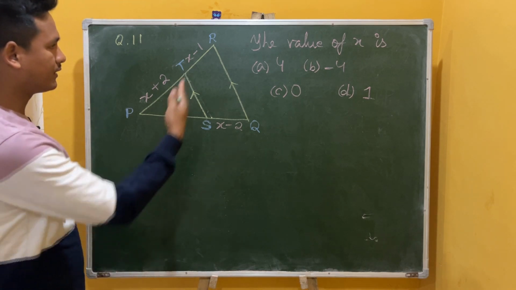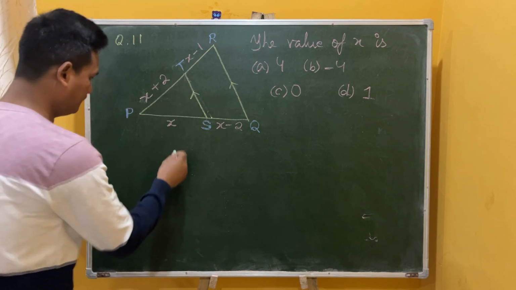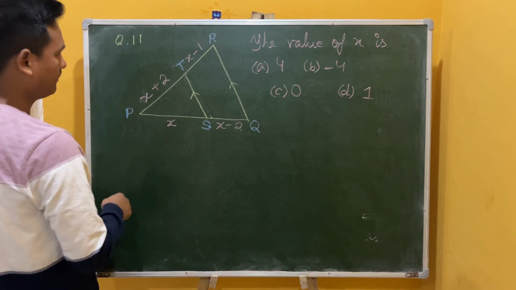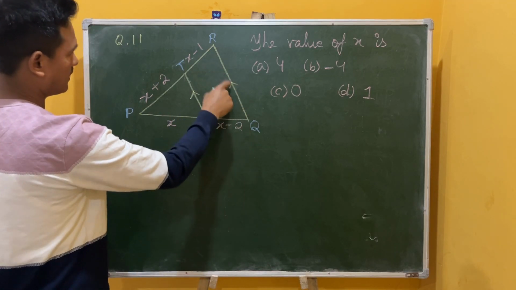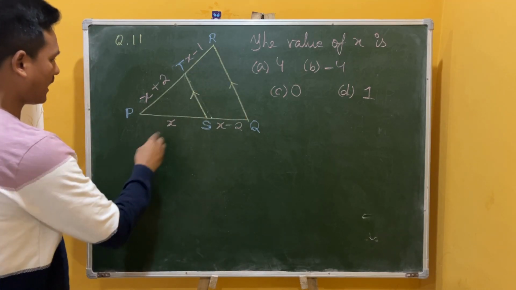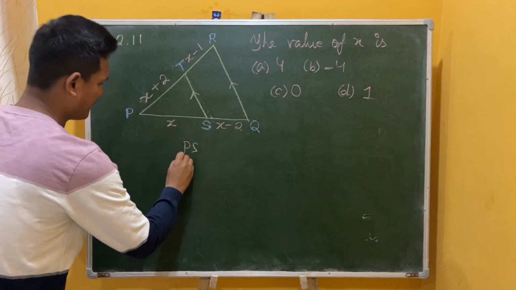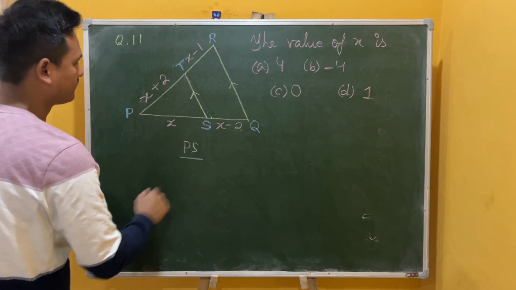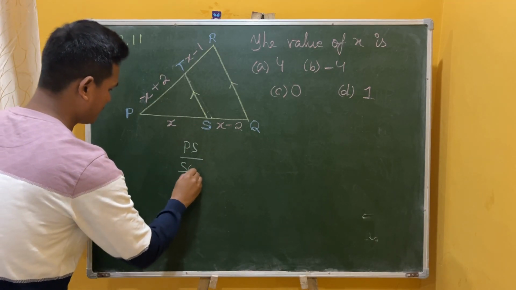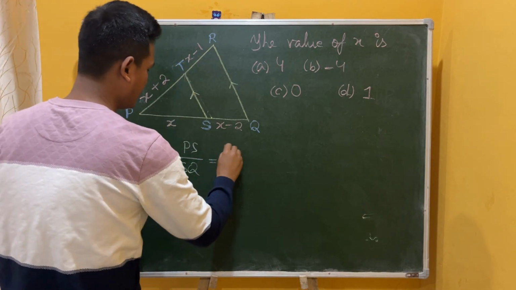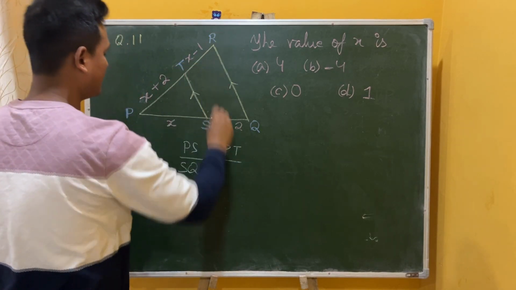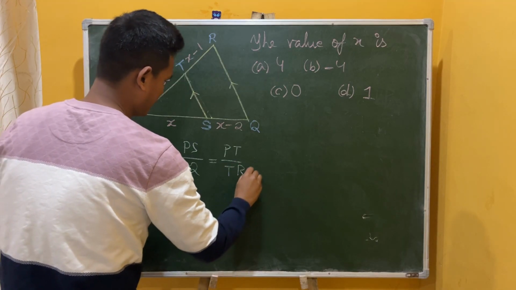So how do you find x? There is a theorem. If this line is parallel to this side, I can write PS upon SQ equals PT upon TR.